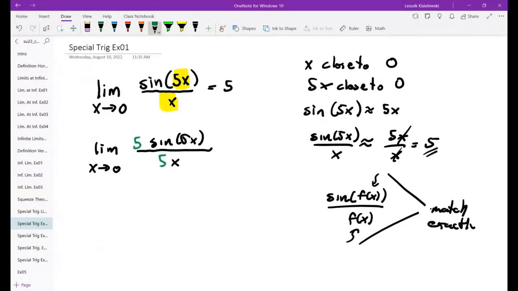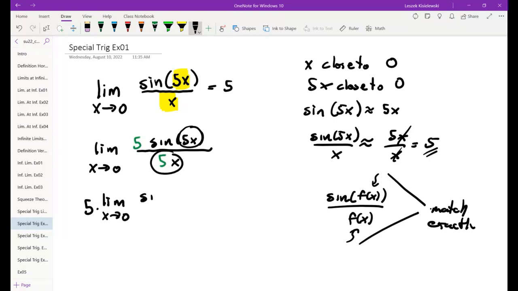But of course, we don't want to change the expression, so we're going to multiply the top by 5 as well. So multiply the top and bottom by 5 in order for the denominator to match the argument of sine. And then the 5 out here is a constant, so it's unaffected by the limit.